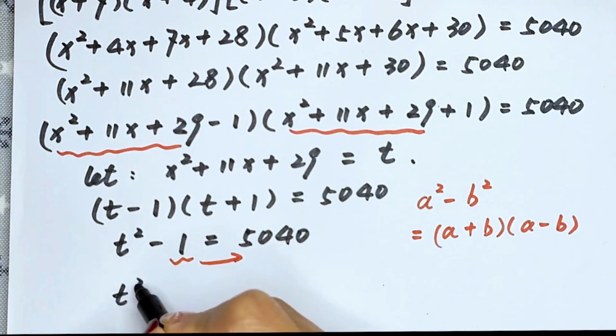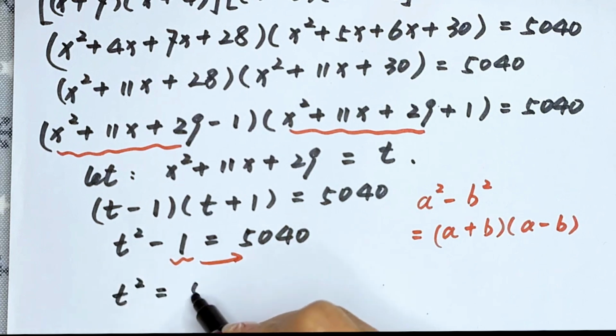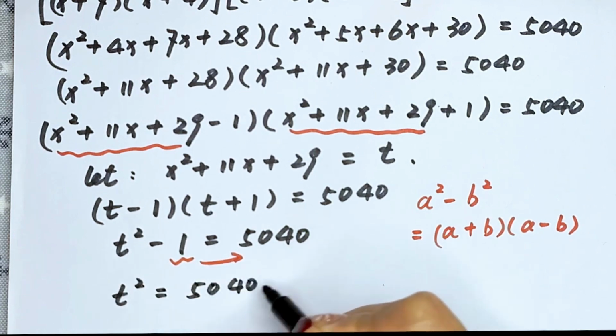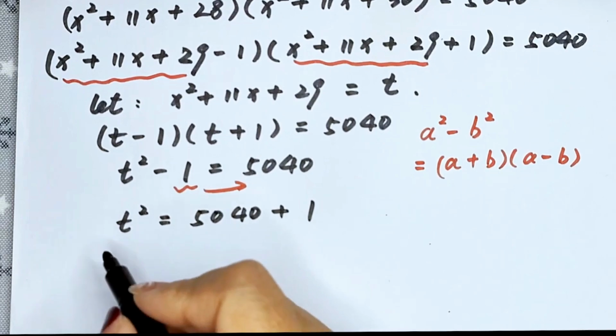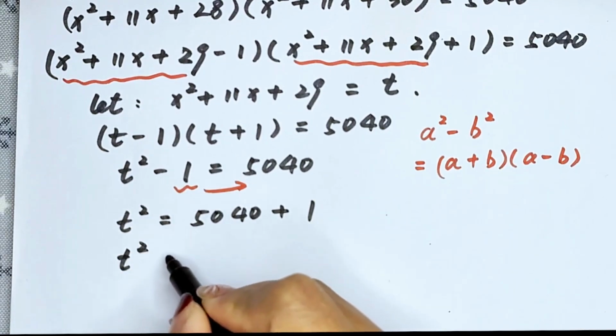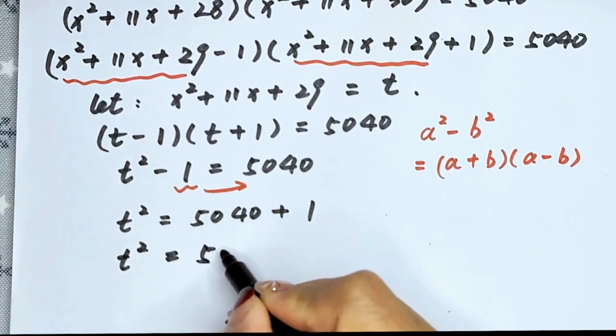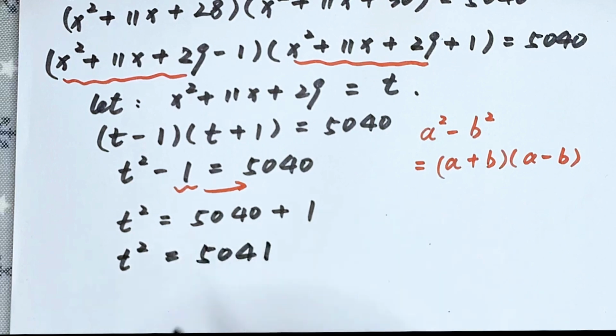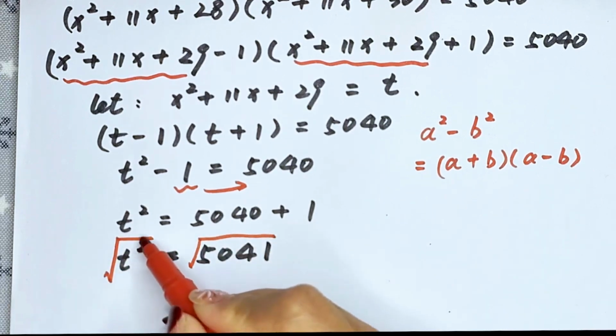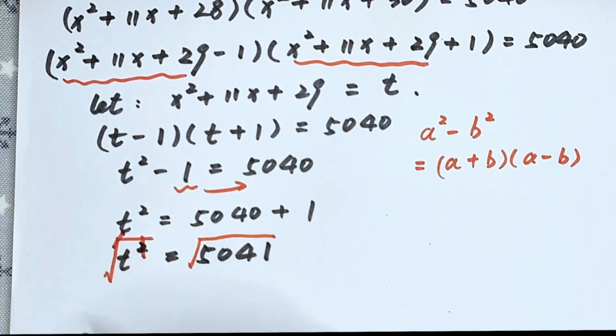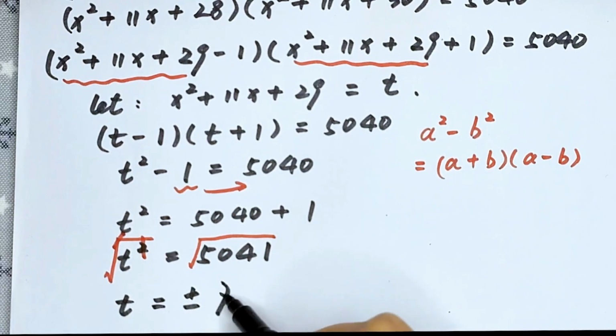Then we take this to the right side. So t squared equals 5040 plus 1, so t squared equals 5041. Then we apply square root on both sides. So this square root will cancel the square. So t equals plus or minus 71.